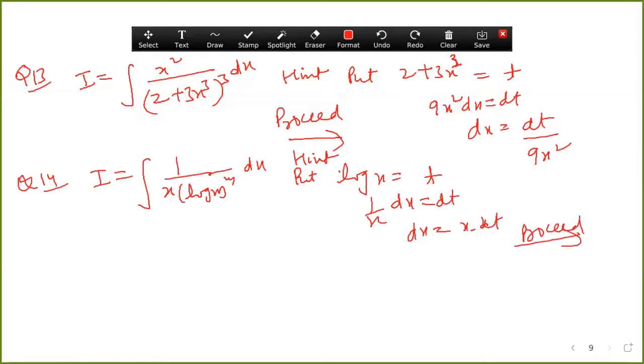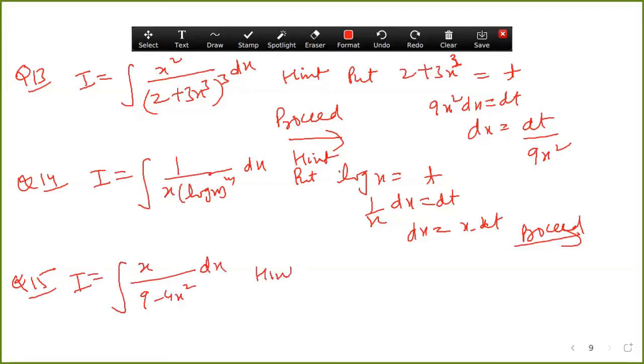You're on. Question number 15. Integration of x upon 9 minus 4x square, dx.